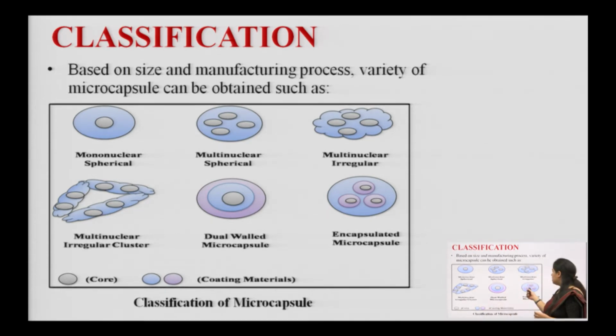Here you can see that 3 microcapsules, or microspheres, are entrapped within the polymer layer. So, these are the types of microcapsules you can have during the manufacturing process.